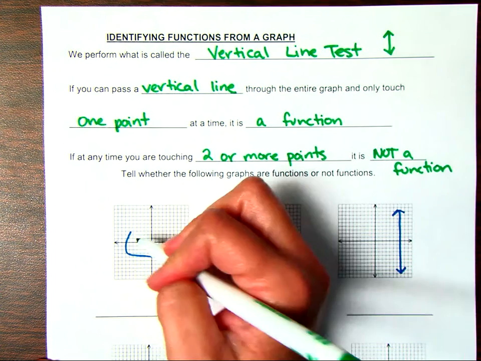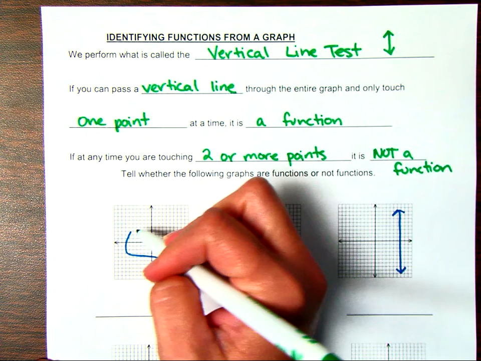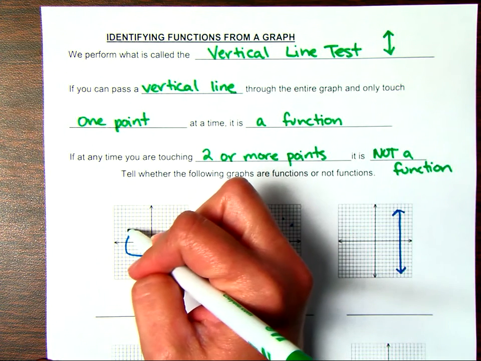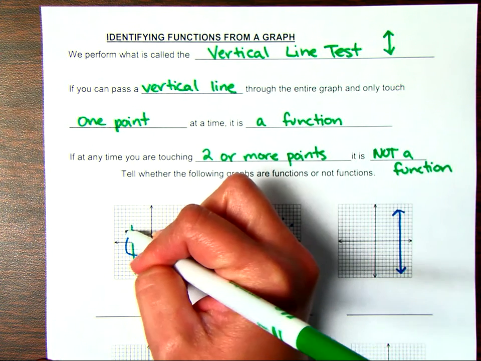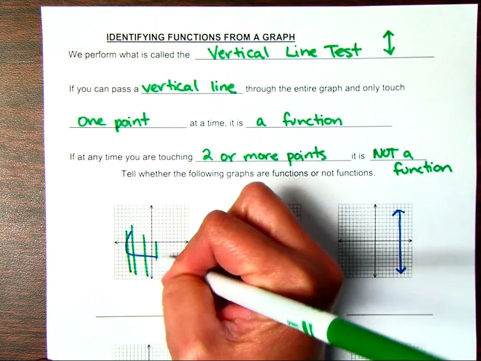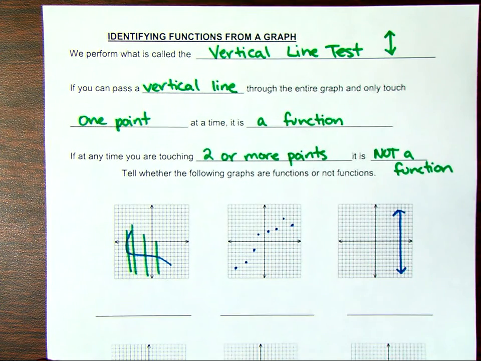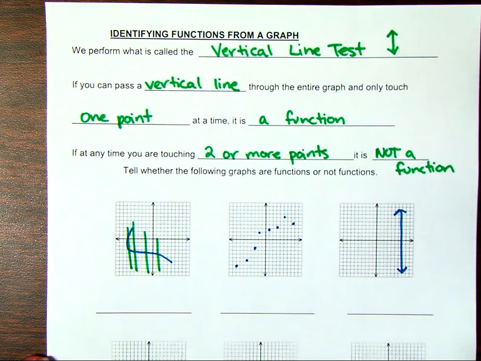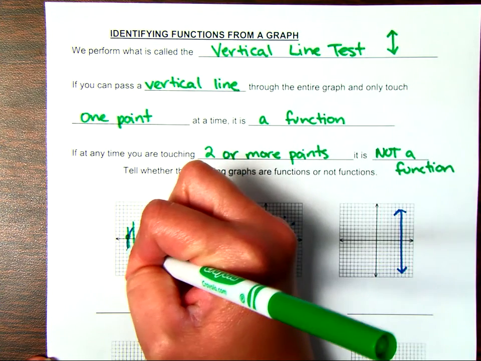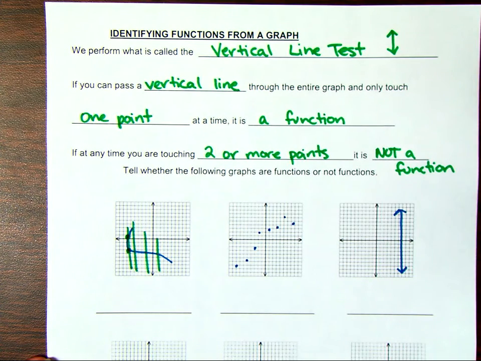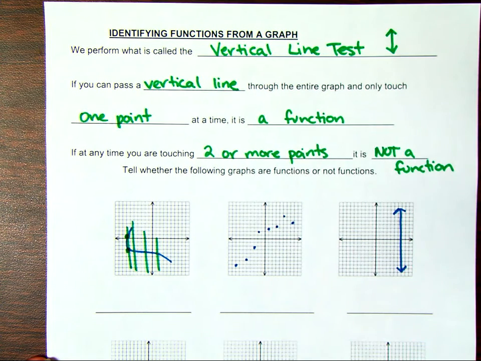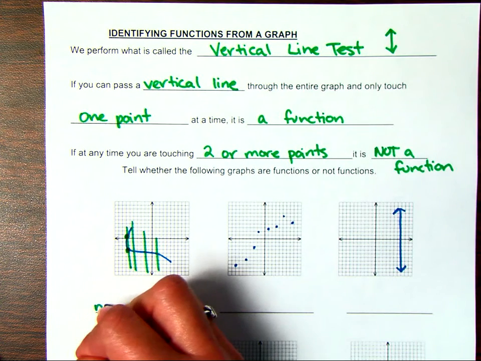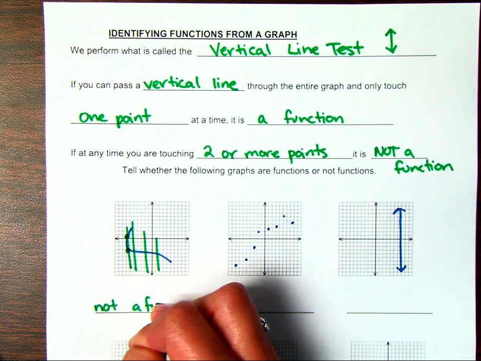If I could draw a vertical line like this, up and down, right? So on this one, right here and right here, those 2 ordered pairs, that green line is going through more than one ordered pair, so this would be not a function.